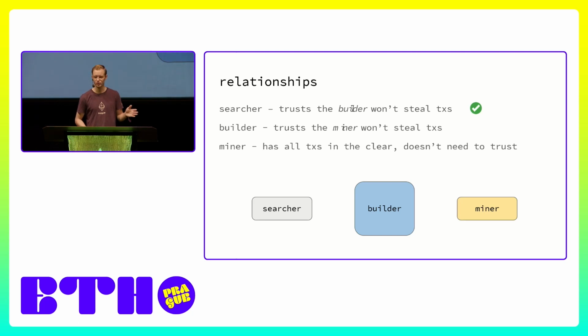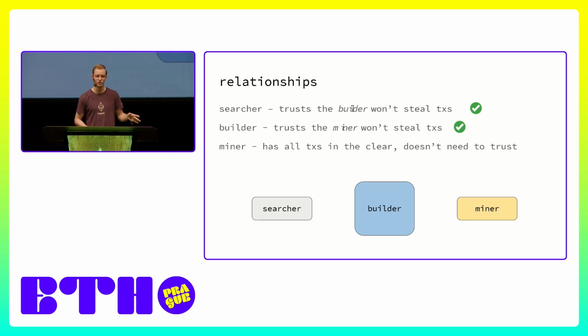So this first relationship sort of checks out because it's a one-to-one relationship. And if you're searching for MEV and you've only connected to one block builder and you've only given your transaction to one block builder, you have a pretty good idea when your MEV is stolen. And if you see that a builder is stealing your MEV, it's very easy for you to just use a different builder.